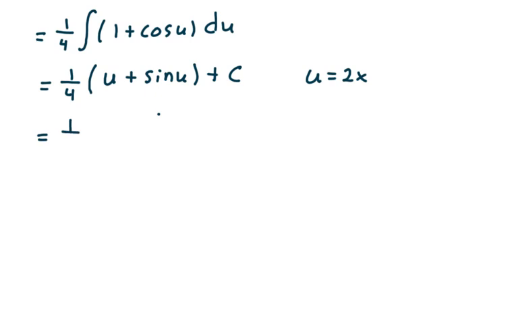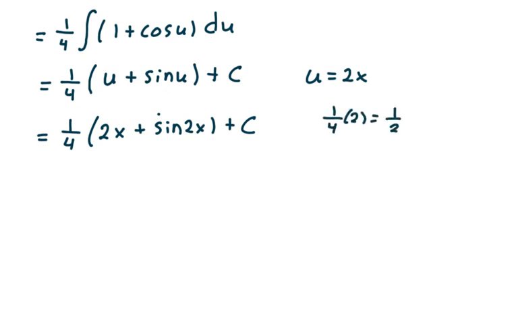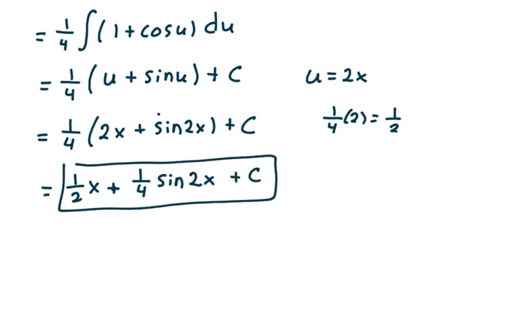So if I substitute that back in, I get 1/4 of 2x plus sine of 2x plus c. Now, look, 1/4 of 2 is equal to 1/2. So this is 1/2 x plus 1/4 sine of 2x plus c. And that's how we do problem 16.